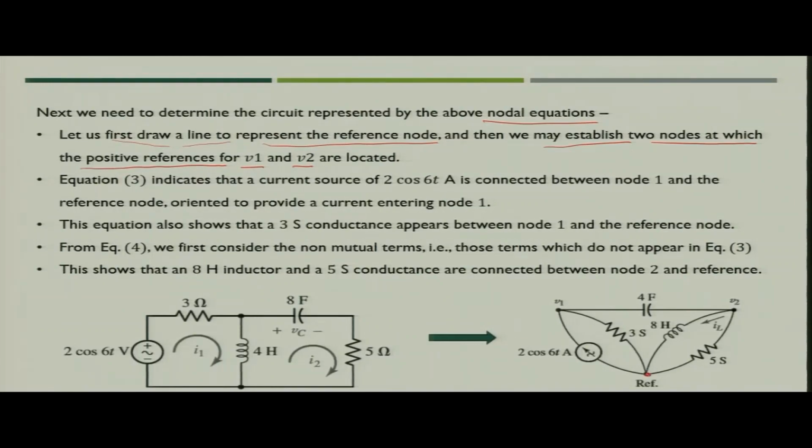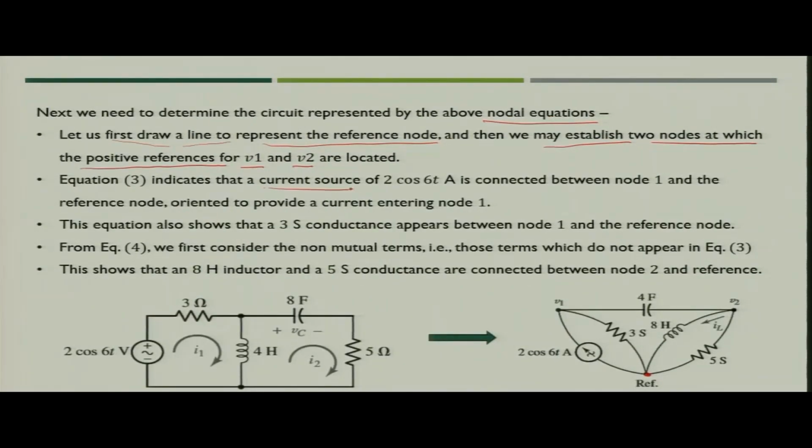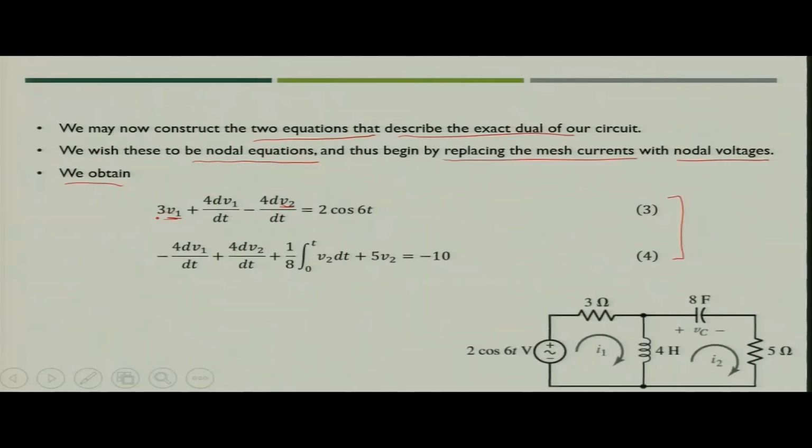So, what we are doing? We are creating one reference node that is anyway required, and then since we are using I1 and I2, the duals of them would be V1 and V2. Now, if you see equation 3, it indicates that the current source of 2 cos 6t ampere is connected between node 1 and the reference node, because this is a nodal equation and this term represents the current value for only node 1.